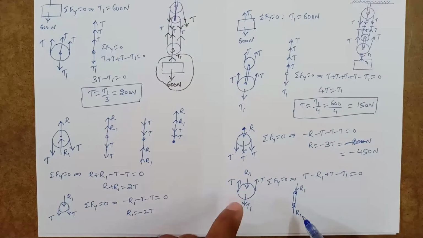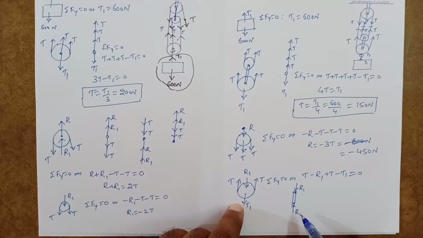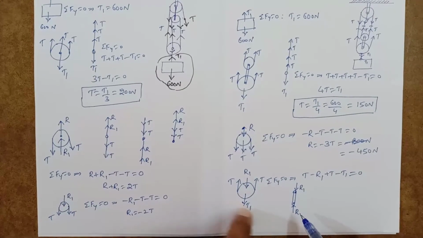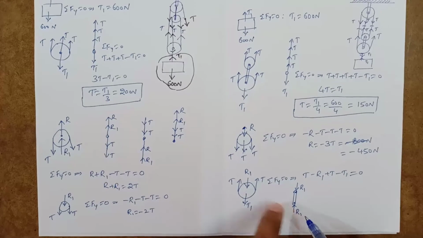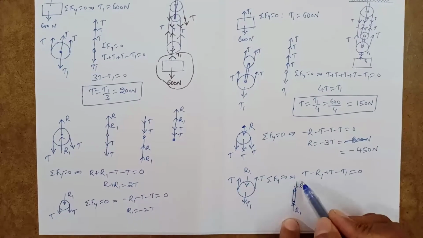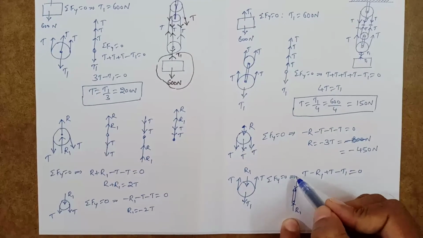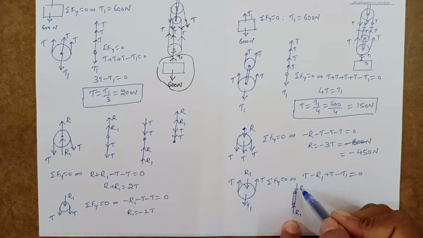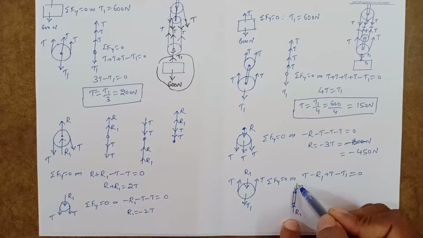At the same time, the pulley also exerts the same reaction on the support but in the opposite direction. For this to be in equilibrium, there must be the same R1 in this direction because there are no other forces. Here R1 is assumed as downward on the pulley, so here R1 must be upward on the support, and for this to be in equilibrium, there must be some reaction force R1 in the opposite direction to this one. So that implies it should be downward.